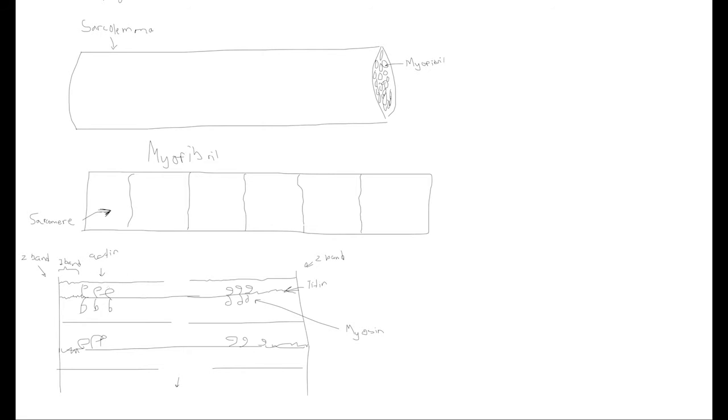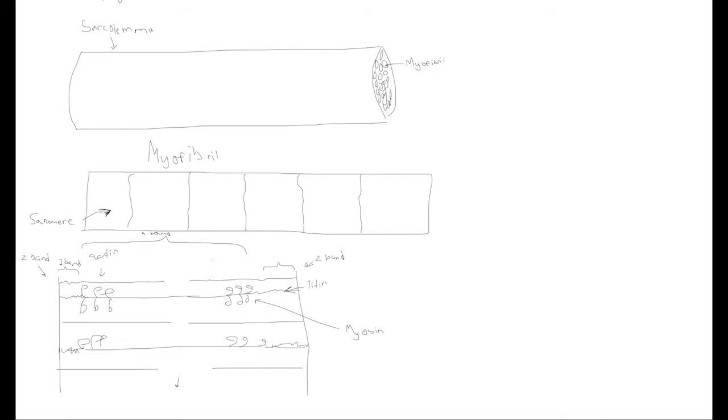And then between the first myosin head on the left and the first myosin head on the right, that is called your A band. So that's just labeling it.